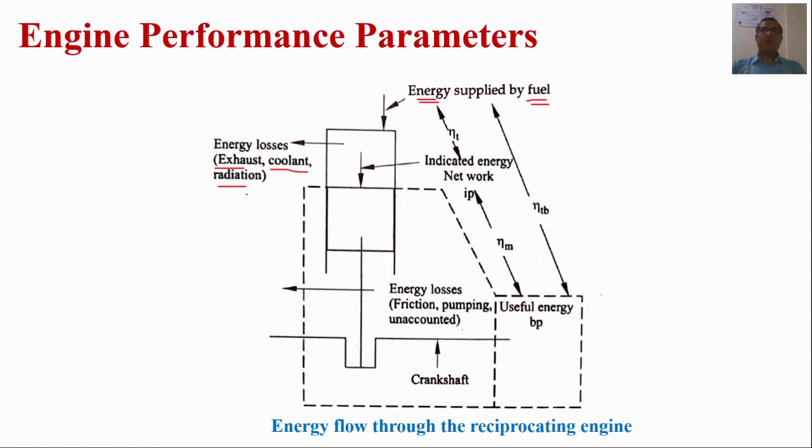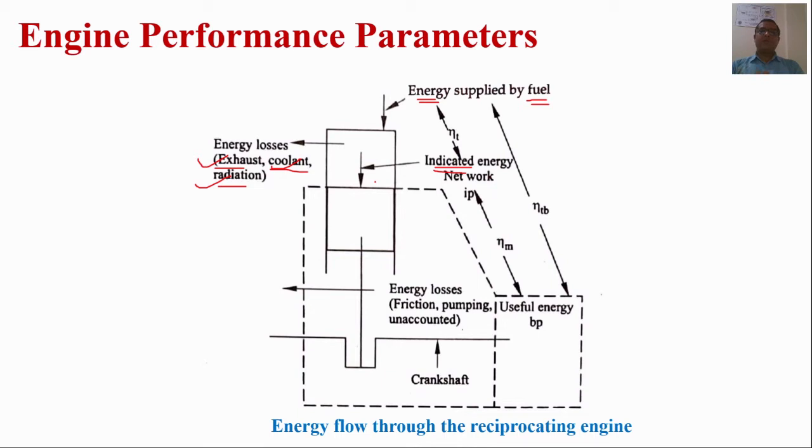But all this thermal energy cannot be utilized to drive the piston because there are losses in exhaust, coolant and radiation. The remaining thermal energy is converted into power, which is known as the indicated power, or we can say indicated energy. This indicated power drives the piston.